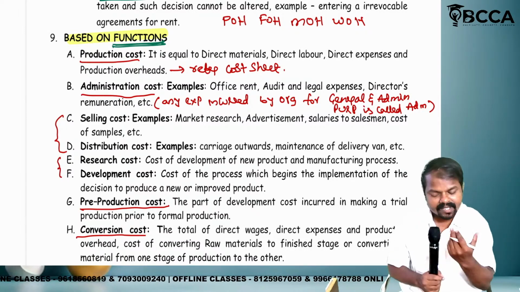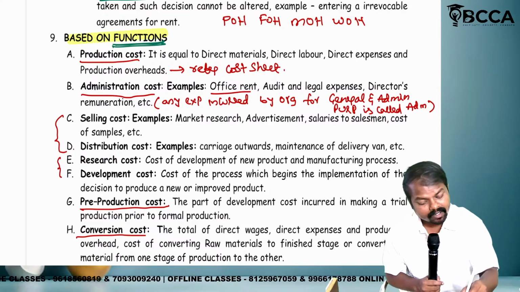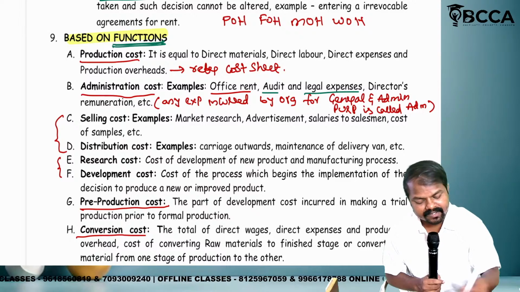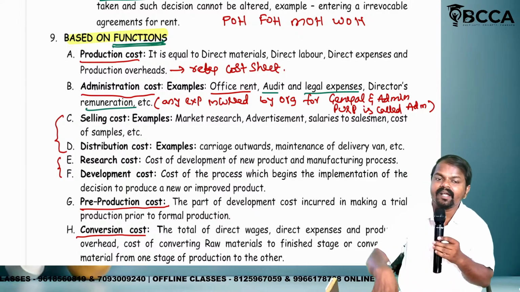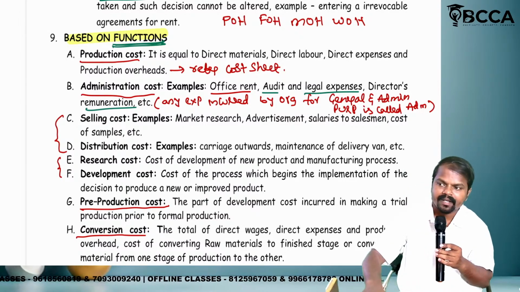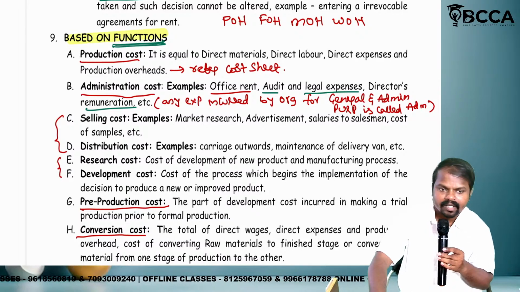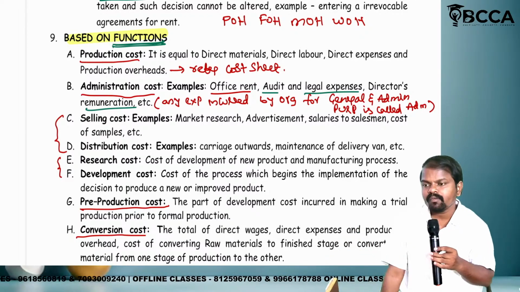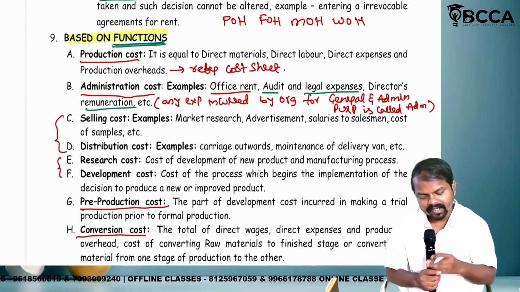Clear? What are the examples? Office rent. Audit and legal expense. Director remuneration. Till now clear? This is just an illustrative list. Stationery also is AOH.